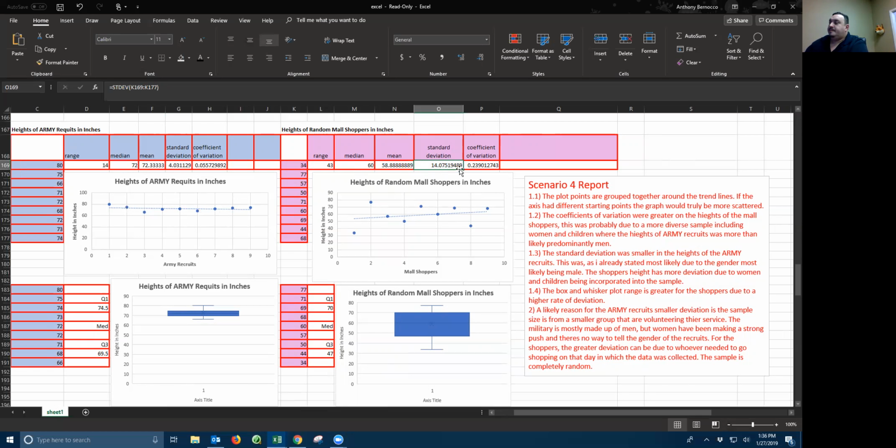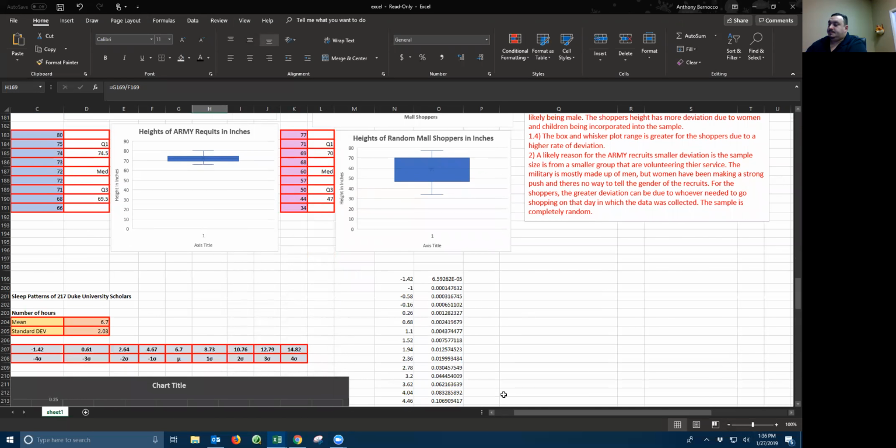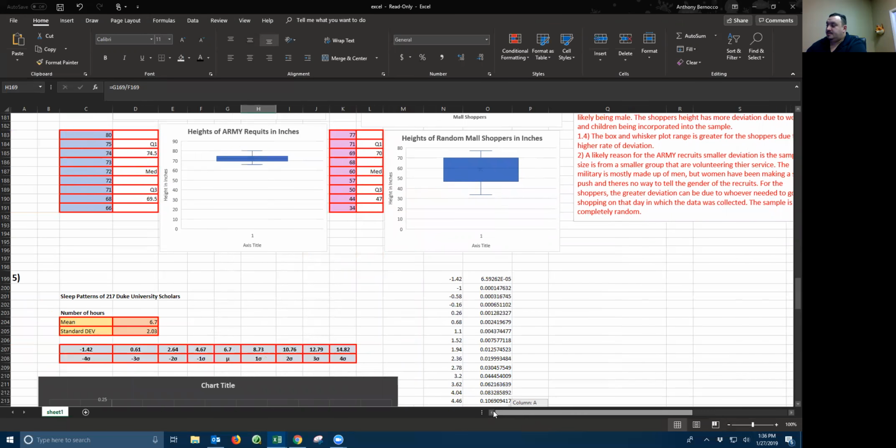The coefficient of variation is larger in the mall shoppers than the Army recruits. So, move along.